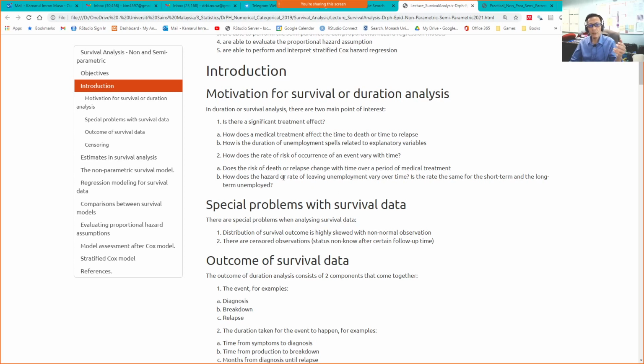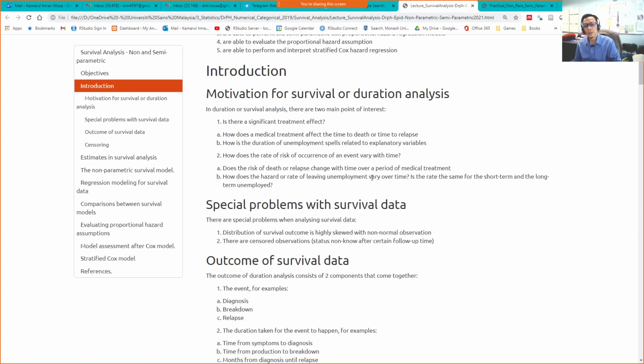For example, does the risk of death or relapse change with time over a period of medical treatment? We can plot the survival functions or the hazard function, and we can look at the risk of death or relapse or any other event of interest.